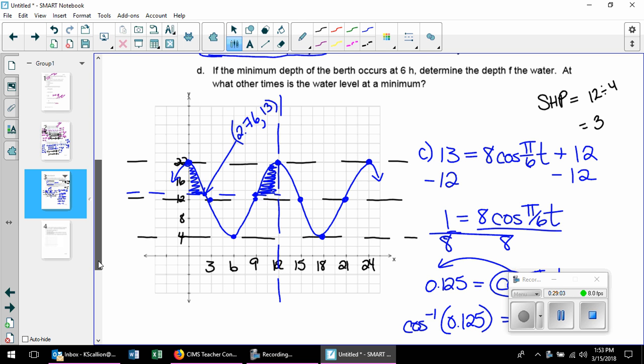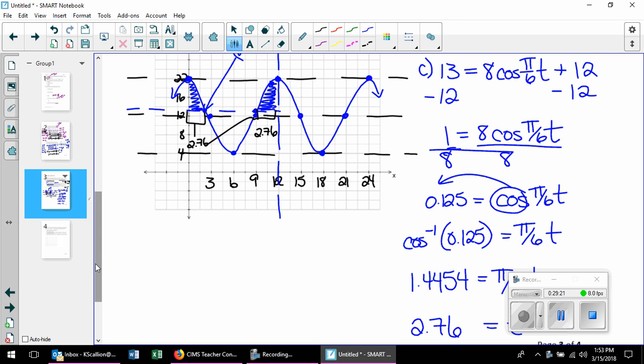It's the exact same. Because they're symmetrical, and it's beautiful, and life is good. So if I know this distance here is 2.76, I know this distance here is also 2.76. So how many hours can that ocean liner dock safely? You got it. 5.1.